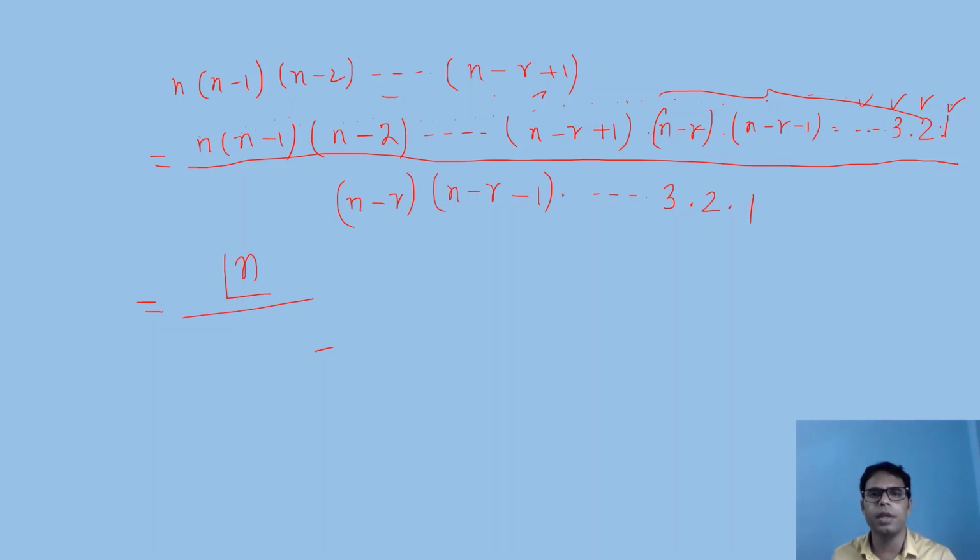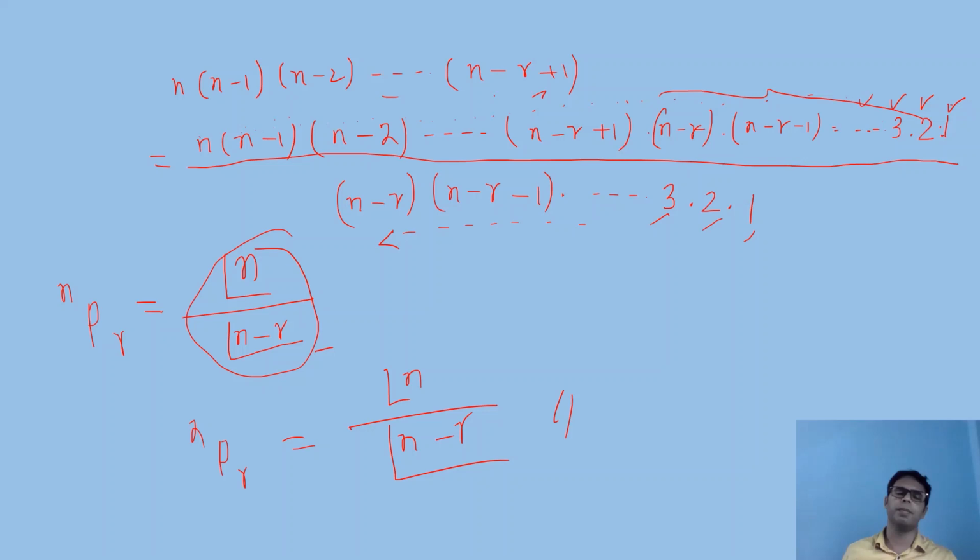And observe the denominator: it is the product of 1 into 2 into 3 and so on up to n minus r, the product of n minus r continuous natural numbers, so it represents factorial n minus r. This total is represented by nPr, and that is why nPr is equal to factorial n divided by factorial n minus r. So this is the complete proof of the theorem. So you see the next one.